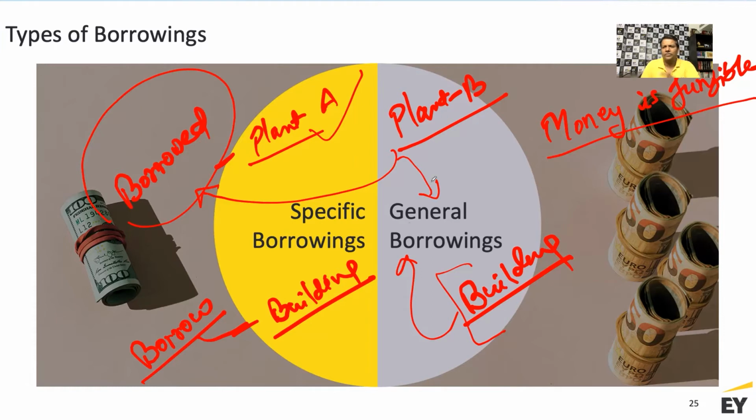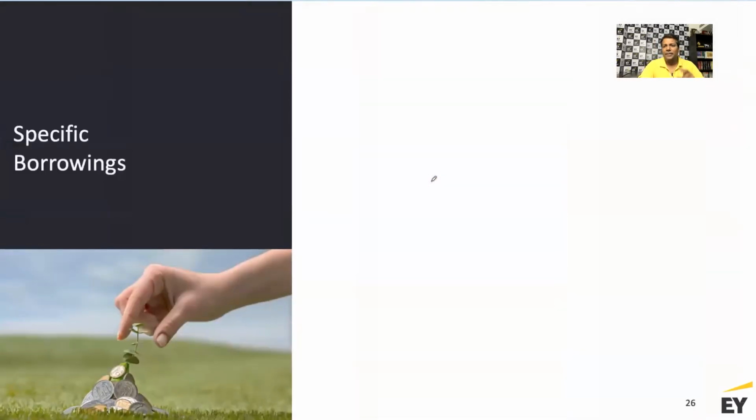We will help you understand this with the help of several examples in this section. But an important thing to remember is that money is fungible. Just because I have borrowed money which was attributed to a specific asset, once that asset has been completed, if that money continues to be outstanding, it becomes part of my general borrowing pool.